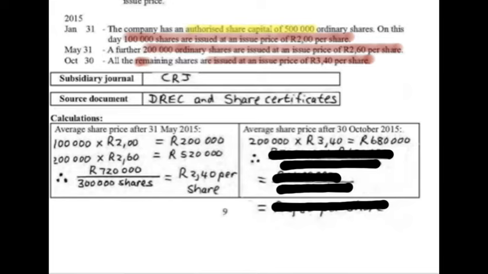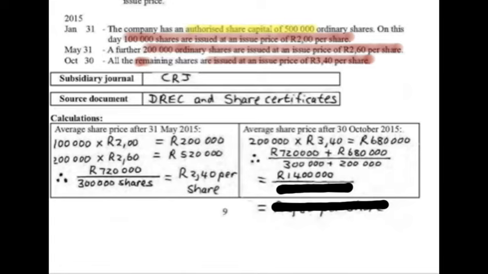In other words, our share capital amount is 720 plus then the 680. The 720 comes from the first two issuings that we worked out in question number 2. Added to that is the third issuing of 680. That leaves you with a total capital of 1.4 million.